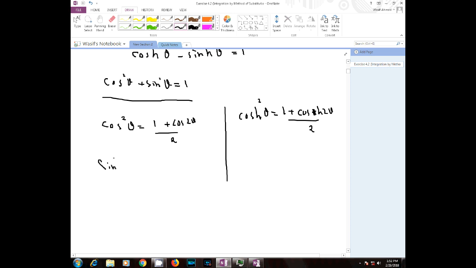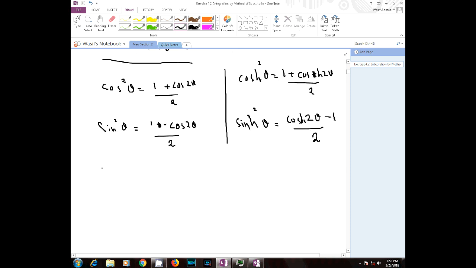Similarly, in trigonometry, sin square theta is equal to 1 minus cos 2 theta divided by 2, whereas in the hyperbolic functions, sinh square theta is equal to cosh 2 theta minus 1 divided by 2.